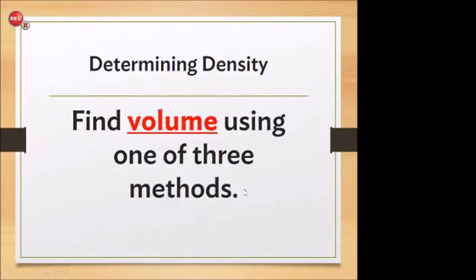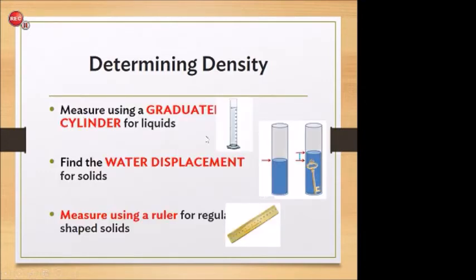To find the volume, we need to use one of three methods. We can use a graduated cylinder for liquids, where we would just pour the liquid in the graduated cylinder. You would measure how much it was. You would read that to a proper number of decimal places. You could also do water displacement. Here we have a container of water. If we knew how much water we had in there and we added a key, the key would displace the water.